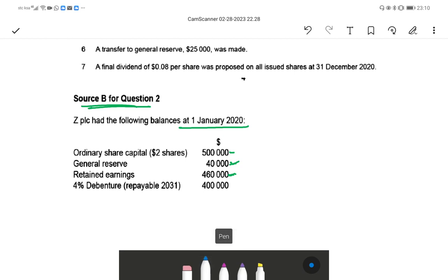Here the share capital is 500,000. So, how many shares? 500,000 divided by share price. Share price is 2.